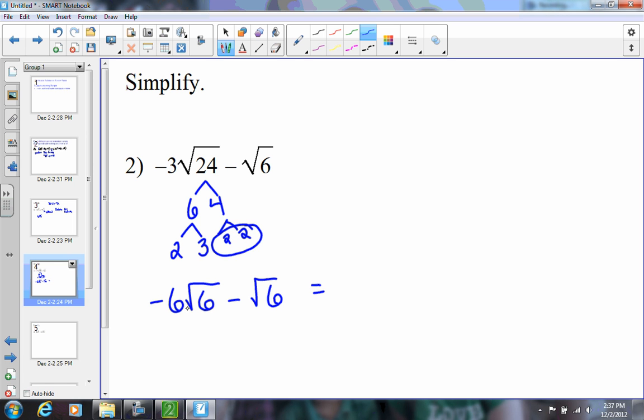So I have negative 6 root 6. Remember, this is like having a minus 1 root 6. Negative 6 root 6 minus root 6 is negative 7 root 6. Again, just like negative 6x minus x would have been negative 7x, same process on this problem.